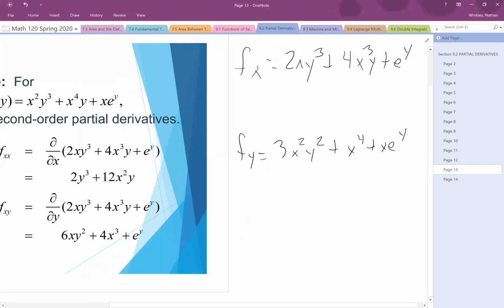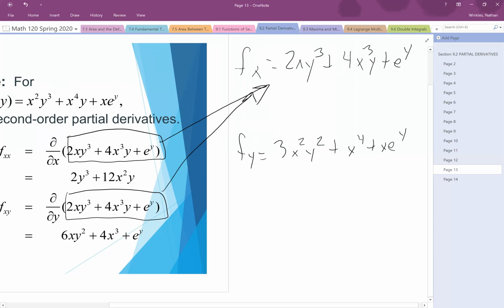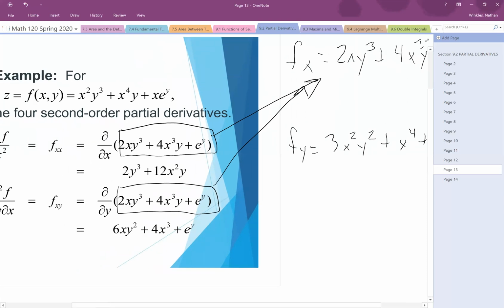So notice what's in these parentheses in both of these cases is our f sub x, because of our notation, we already took it in the first case here. In each case, we have to take our first order partial in order to get to the second order partial. We cannot just jump to the second order partial there.